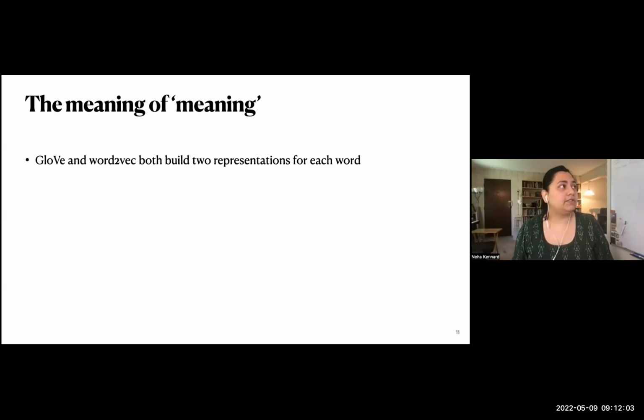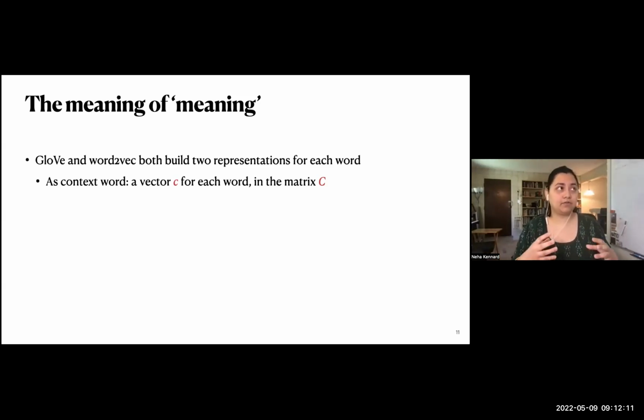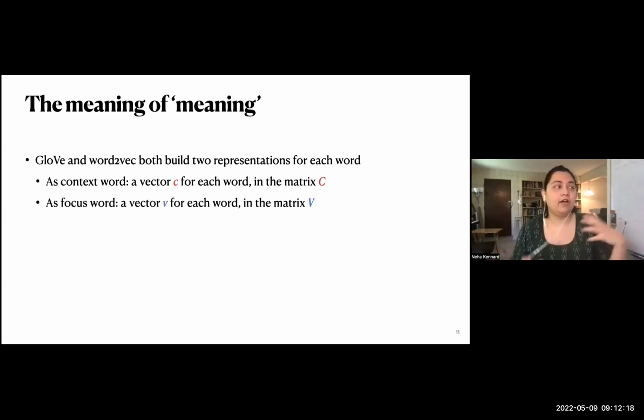Note that GloVe and Word2vec both work by building two representations for each word: a context vector C, which represents the word in its role as the context for another word, and a focus vector V for the word itself. I just made up C and V; they're different in different places.